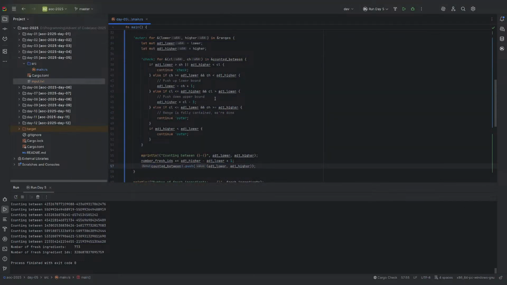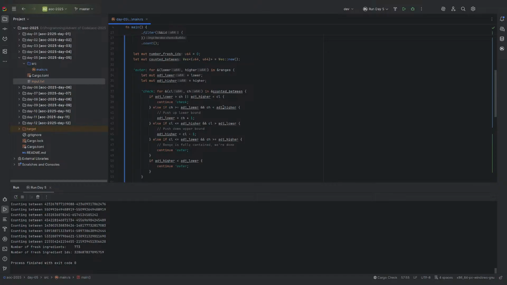Question is though, how do I deal with this now? I don't see why this code shouldn't work.